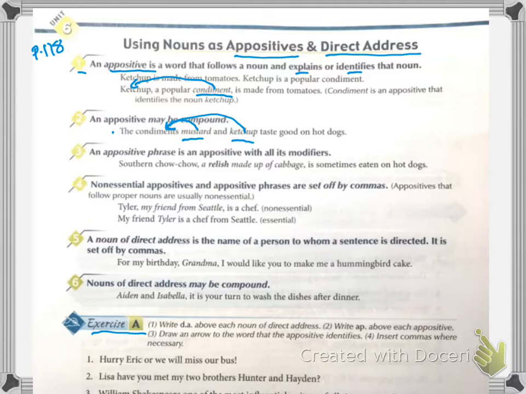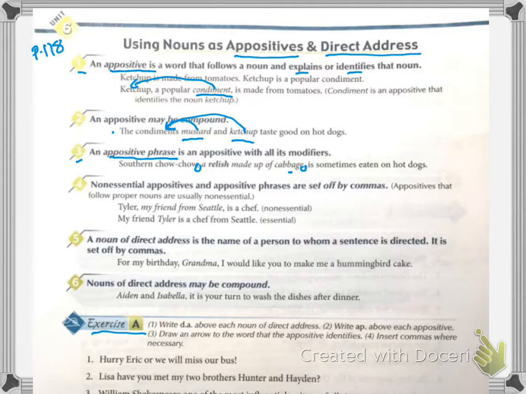Let's compare it to a phrase down here with number 3. An appositive phrase is an appositive with all its modifiers. So here's an example. Southern chow chow, a relish made up of cabbage, is sometimes eaten on hot dogs. All of this between the commas is an appositive phrase.